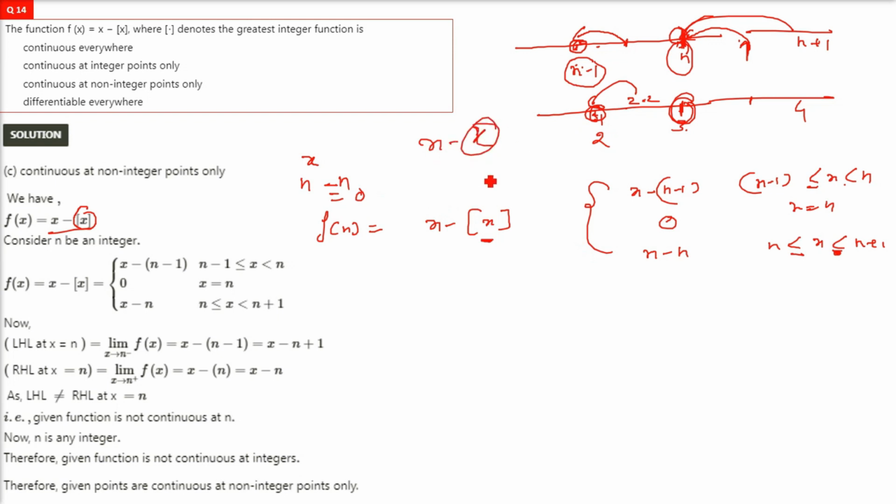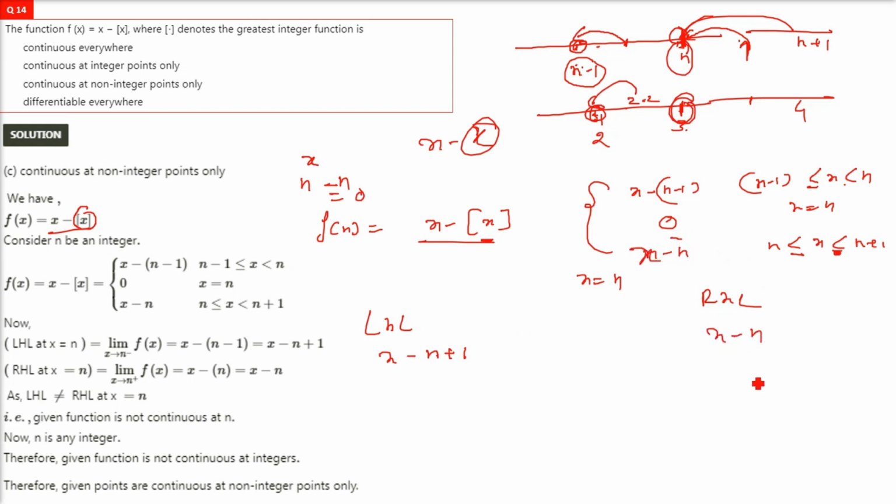So let us take the left hand limit and right hand limit and check it at certain n now. You have to put x as n. So x minus n plus 1, this is what you have to use in the left hand limit. In the right hand limit, you have to use x minus n, as I told you right now.